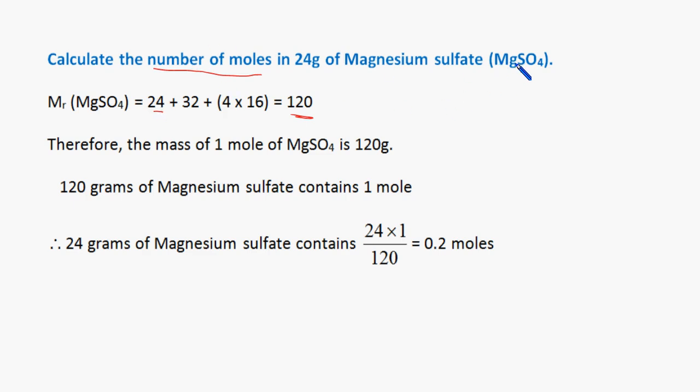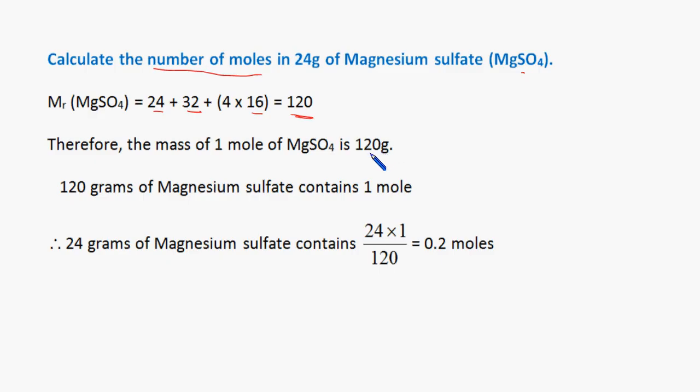We have one sulfur atom, the mass number is 32, and we have 4 oxygen atoms, the mass number is 16, so it's 4 by 16. So we get 120. Now what does this 120 mean? What this tells us is that the mass of 1 mole of magnesium sulfate is 120 grams.